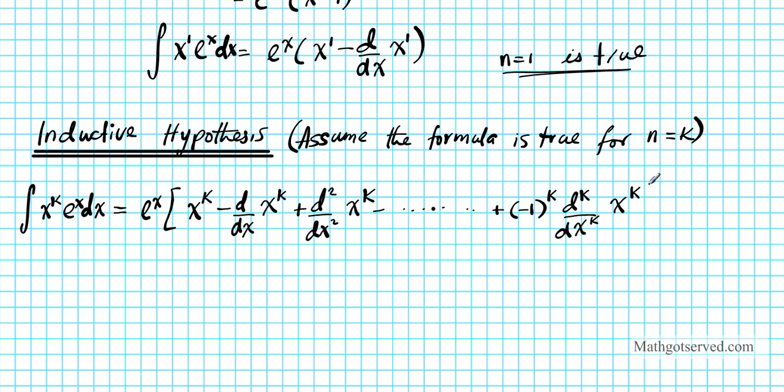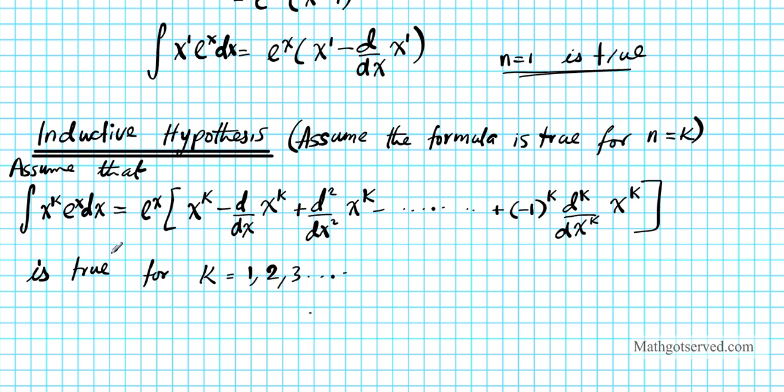Okay, so what we're doing here is assuming that this statement is true for k equals 1, 2, 3, on and on and on.